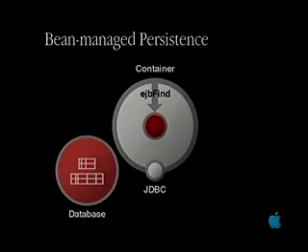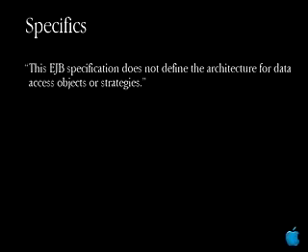Again, this is one of those things where the container asks an instance of an entity bean class to go out and find a bunch of other instances of that class for itself. It's a little weird. The bottom line, though, is that this EJB specification, and the use of the word "this" is actually kind of interesting here, does not define the architecture for data access objects or strategies.